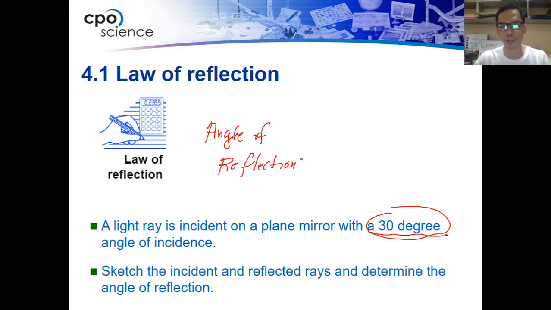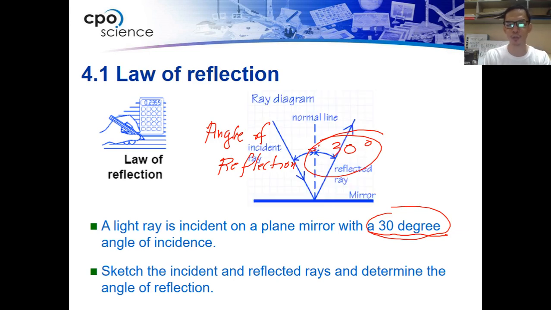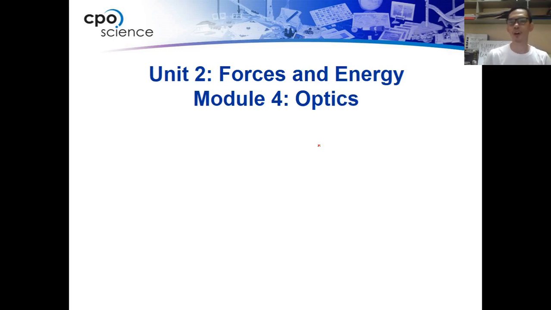The angle of reflection should also be 30 degrees. So you have 30 and 30 degrees respectively. That is how the process of reflection works.